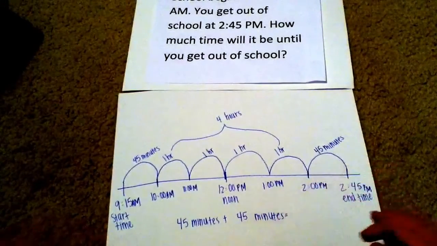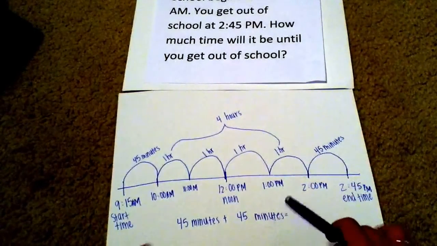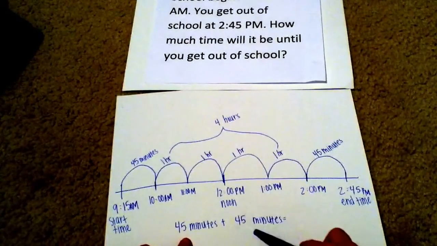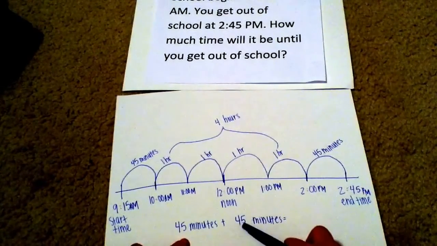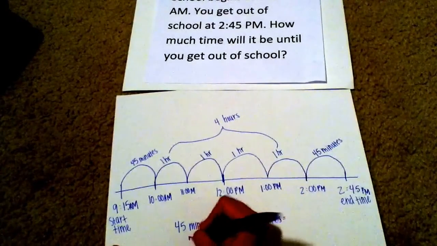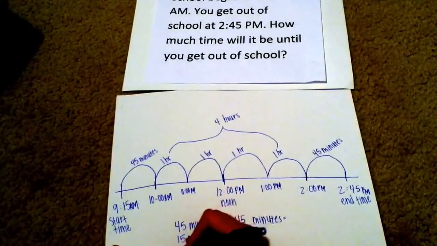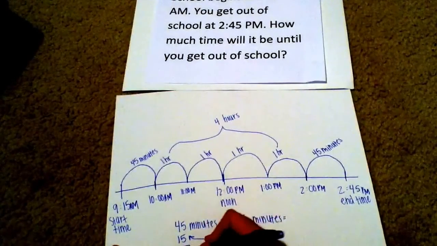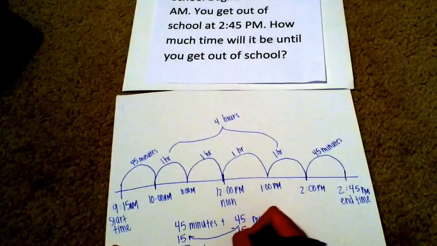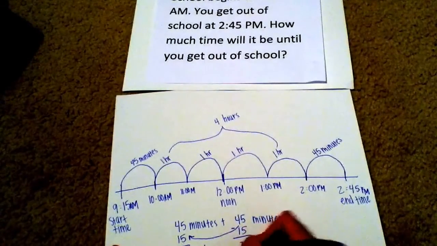Well, we know that there are 60 minutes in an hour. So if we have 45 minutes, we know that it will take 15 more minutes to make an hour. So we'll take 15 minutes out of here and put it over here. So that's 60, which is 1 hour. Now, if we took 15 minutes from here and subtracted it, it would be 30 minutes.